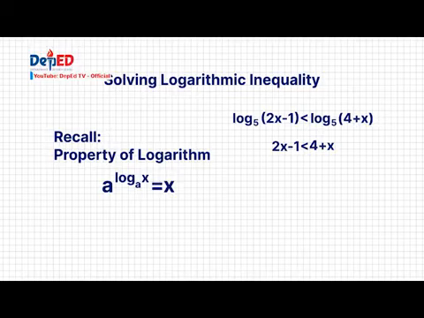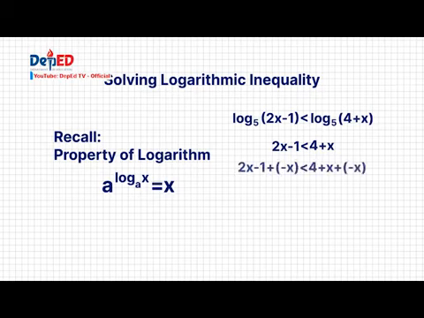By addition property of inequality, we isolate the variable on one side of the inequality. We will have 2x minus 1 plus negative x less than 4 plus x plus negative x. Combining like terms, we will have x minus 1 is less than 4.